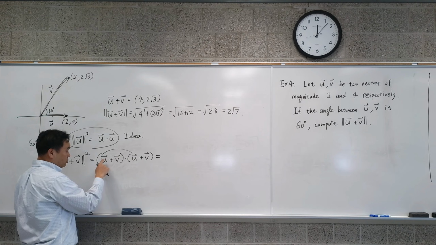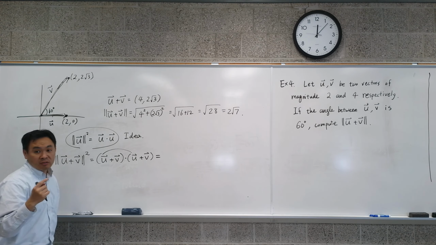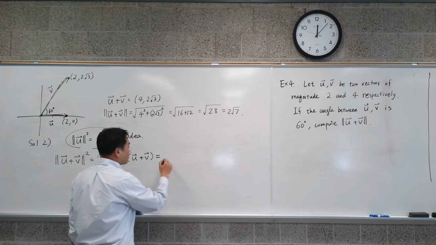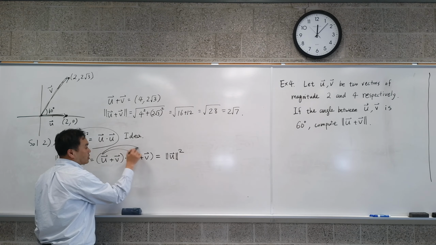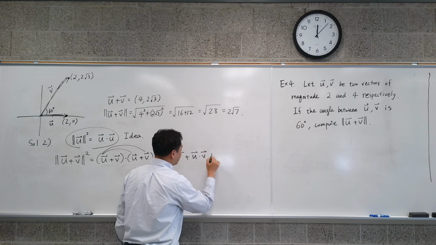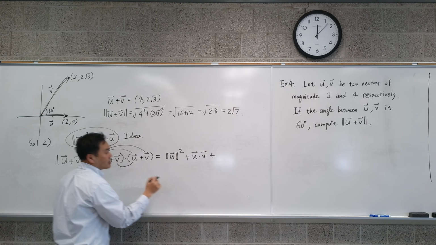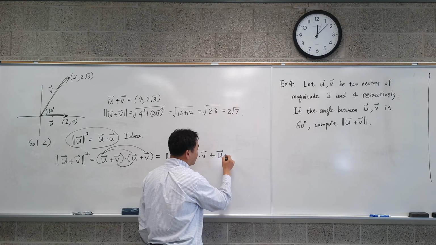So you end up with u dot u. U dot u is the same as norm of u squared. Okay? And then you get u dot v. And you also get v dot u, but it's commutative, so that's again the same as u dot v.